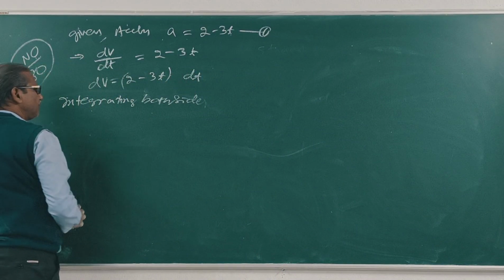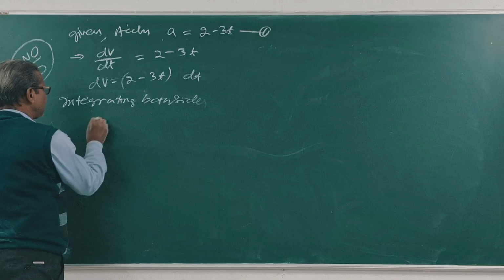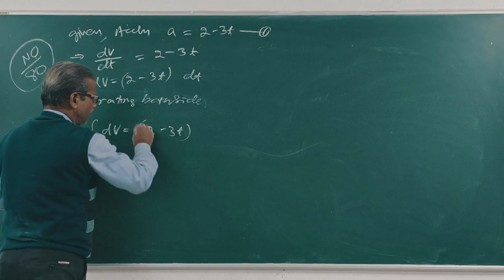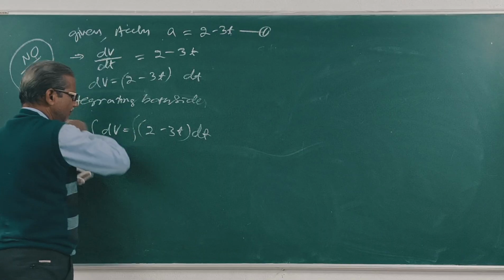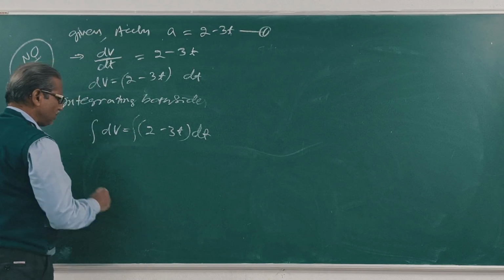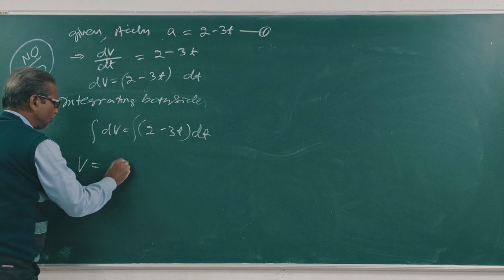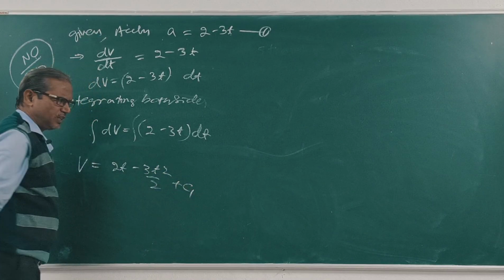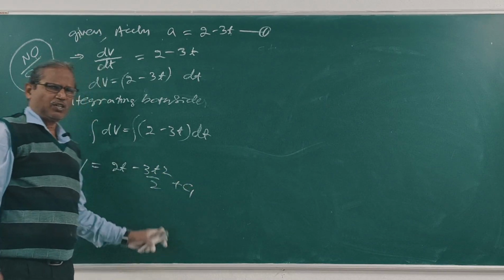Now, integration of dv is equal to integration of (2 − 3t) dt. Clear? So v = 2t − 3t²/2 + c1. This is velocity v.